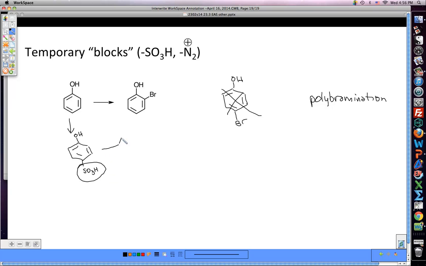The part about this example I don't really like is that you'll probably get a little bit of the ortho-sulfonation as well. Even though he says it really doesn't happen there, there'll be a trace. So it'll be kind of a pain in the butt. But you can do this and then brominate. And then that will give you this guy.